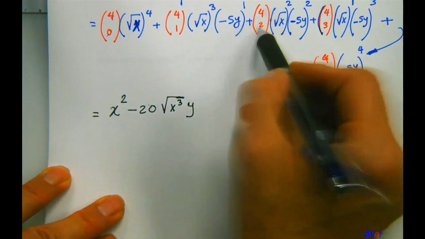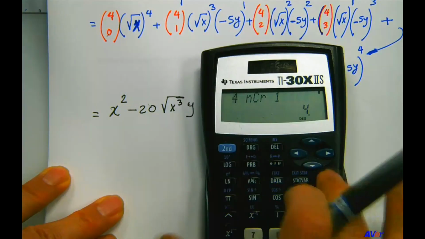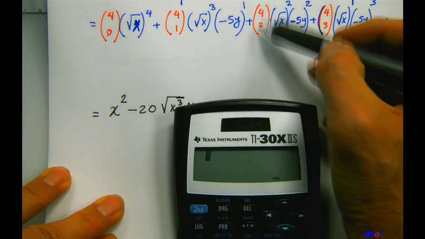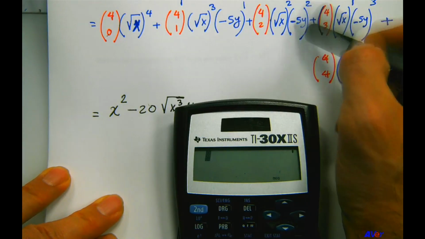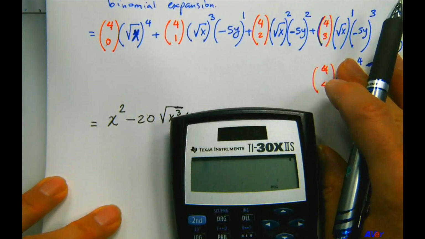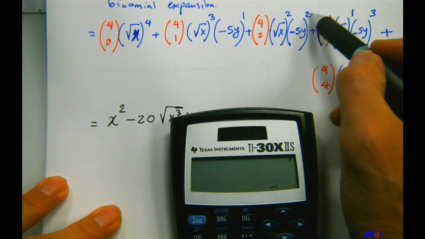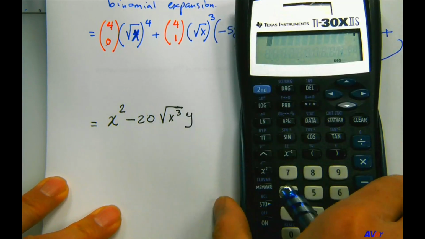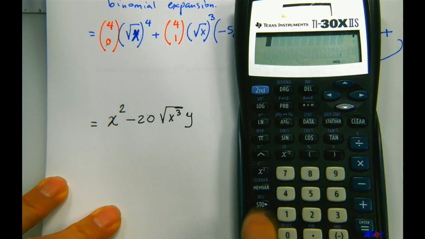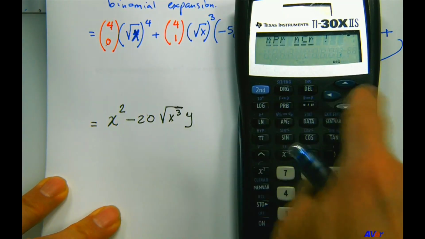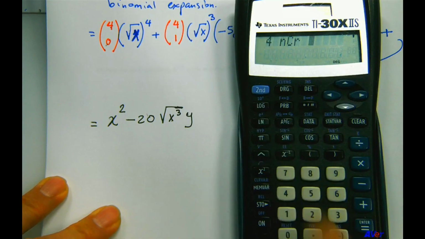Okay, 4 choose 2. Let's find out what that is. We got to be careful because we have a 4 choose 2 here, and then we have a minus 5 squared here, which is positive 25. So minus 5 squared is 25. 4 choose 2 is 6.